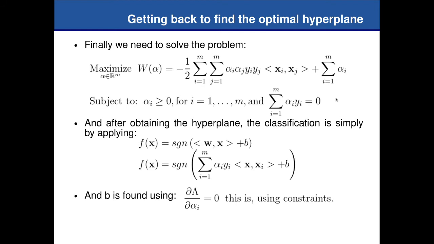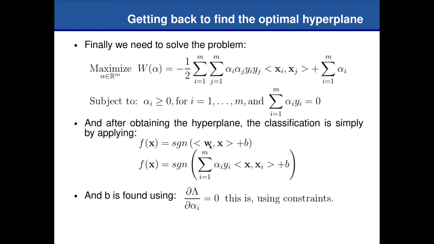This is our dual problem, again, just shown here. And to find our hyperplane, we are going to have, again, a sign function, a function that provides a sign, positive or negative, telling us if we are on one side or the other side of the hyperplane, and of course it could be 0 if the example lies exactly on the hyperplane.